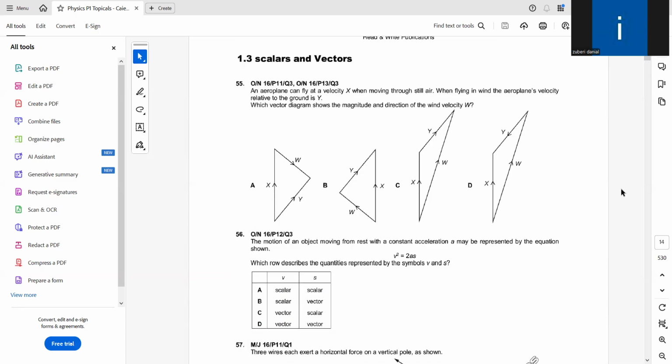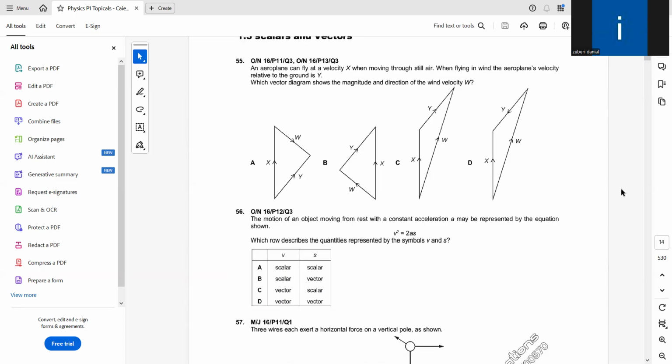Yeah, let's try this question 55. Can you see my screen? Yes, sir.